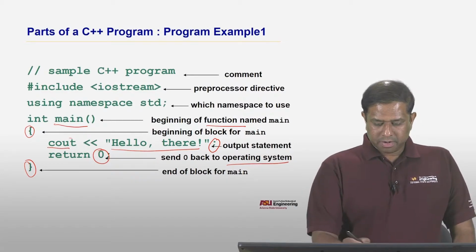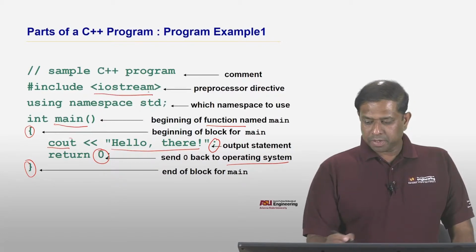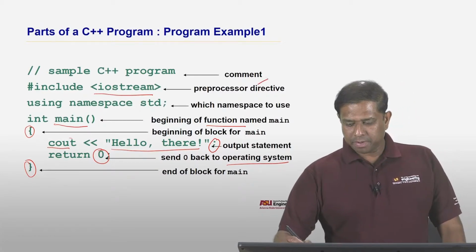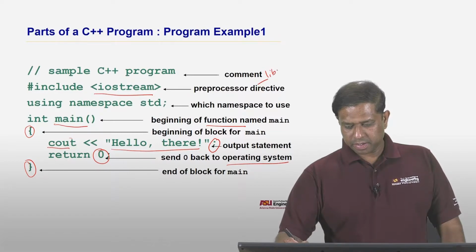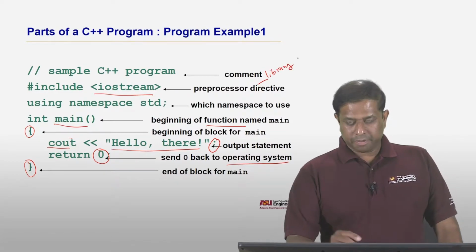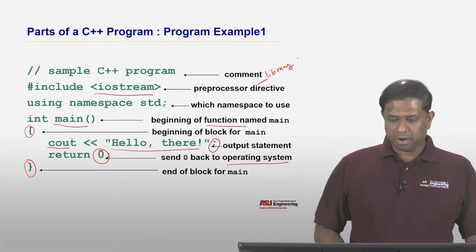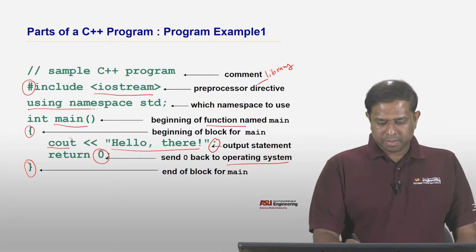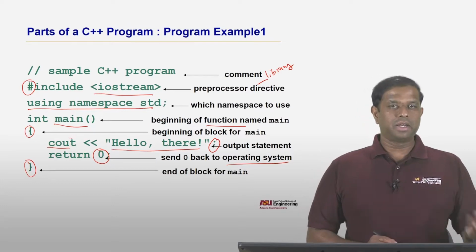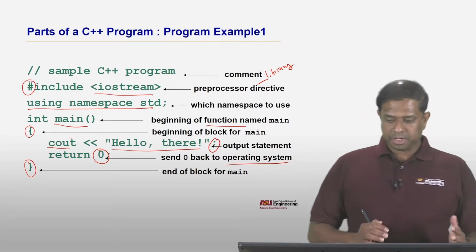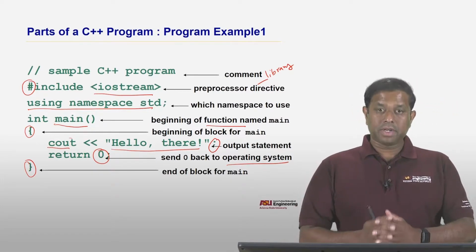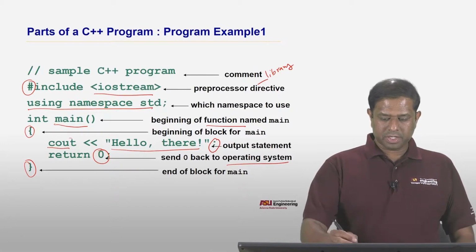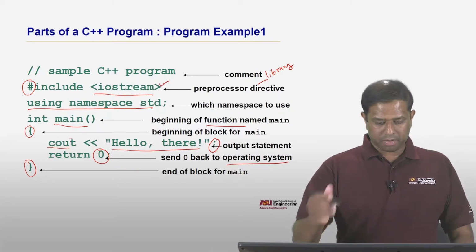And this one all of us know is a preprocessor directive or the library. That defines input-output related operations, right? So we need to include that, right? And then using namespace std is a standard statement that we use to indicate that this program is using the standard libraries defined above, right?